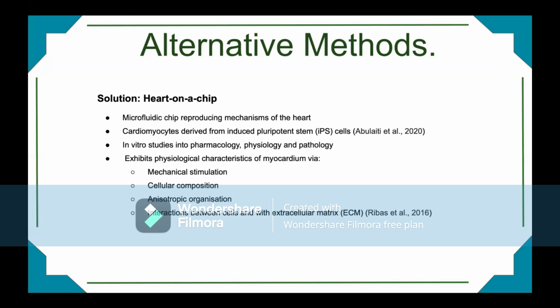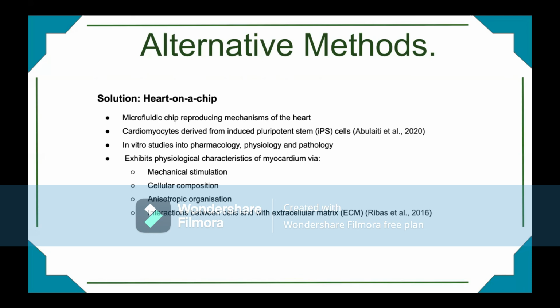From these, we can carry out in vitro studies into pharmacology, so we can test how drugs work on the heart, physiology to help understand the heart in general, and also pathology, so we could actually study what's causing heart failure in humans. And how are we able to do this?